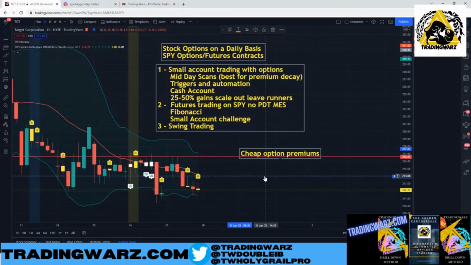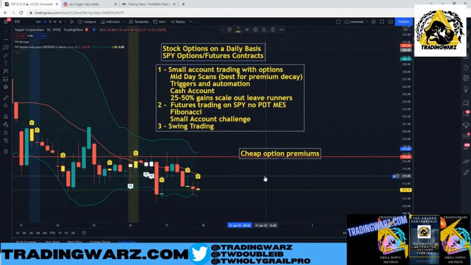Those option premiums are going to start to decay, because with options by nature, you need to have a move right away or relatively soon in order for them to appreciate. So we're talking about calls and puts, naked calls and puts. This first part of the strategy involves looking for cheap option premiums.